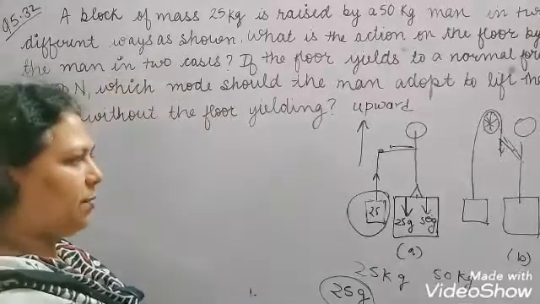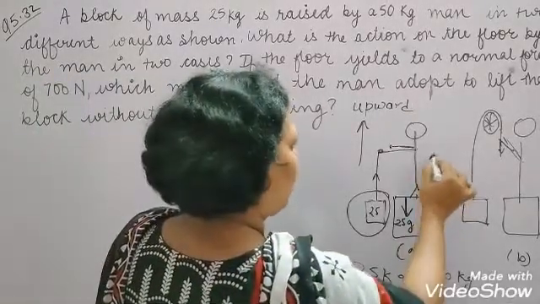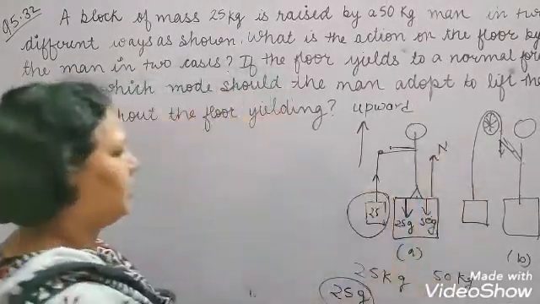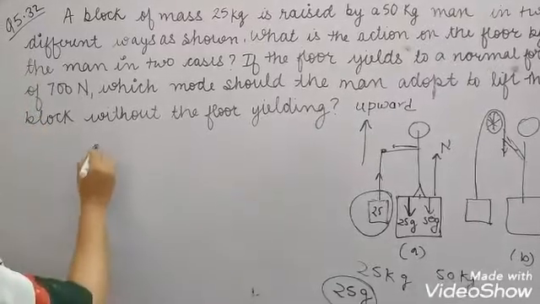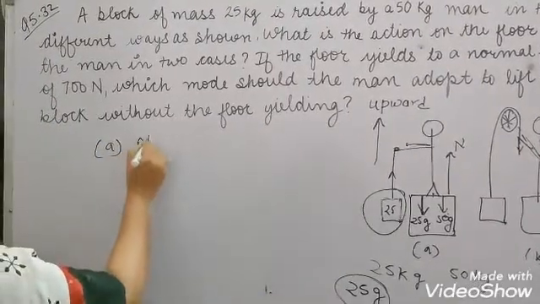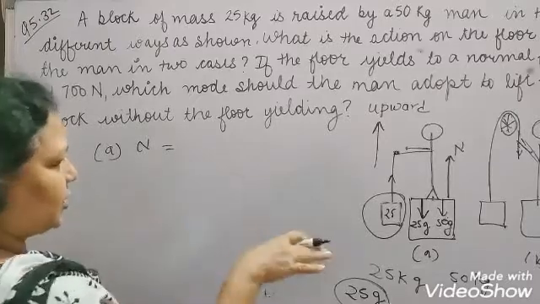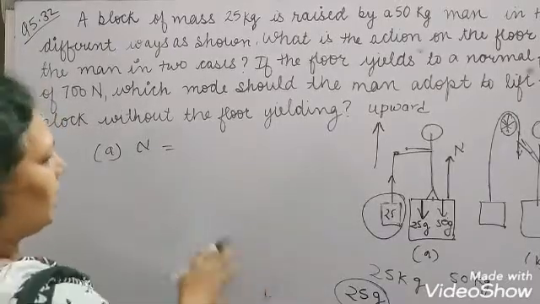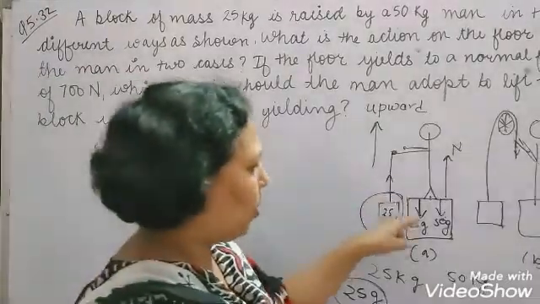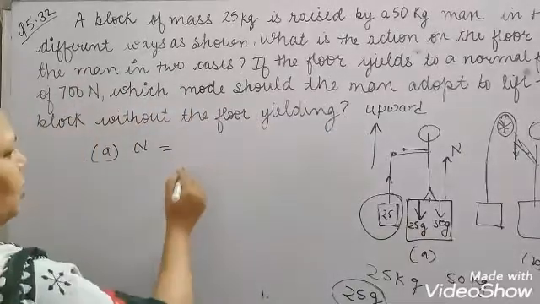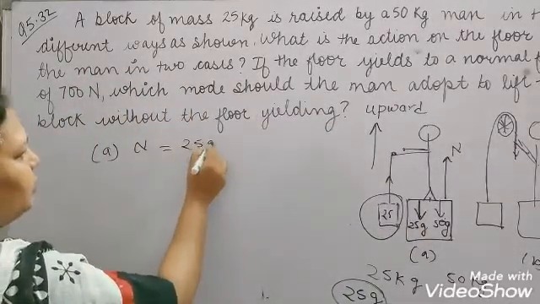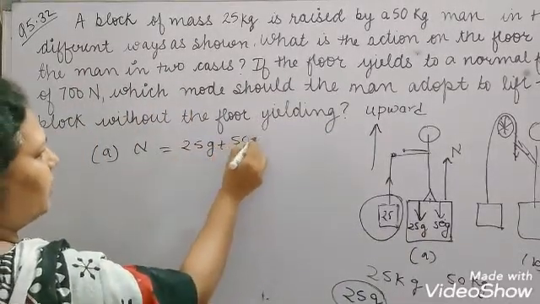So the floor will apply the normal reaction N, and in the first case this normal reaction, or the action of the man on the floor, will be equal to 25g plus 50g.